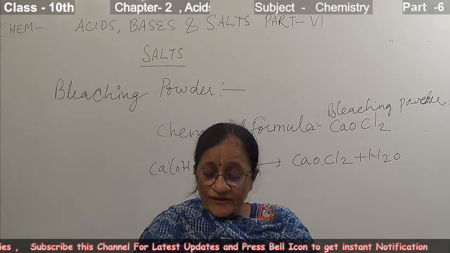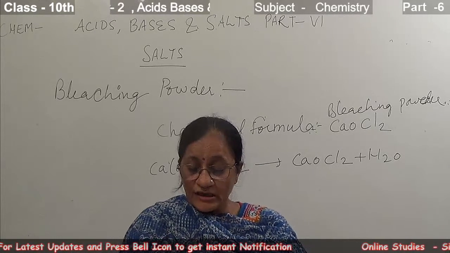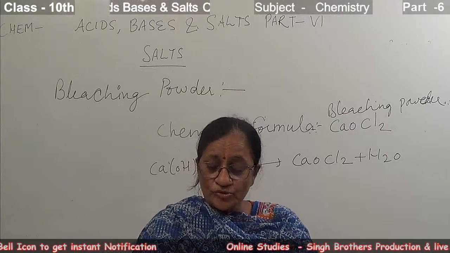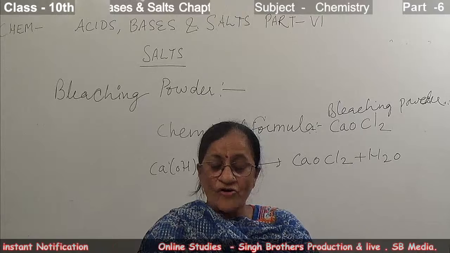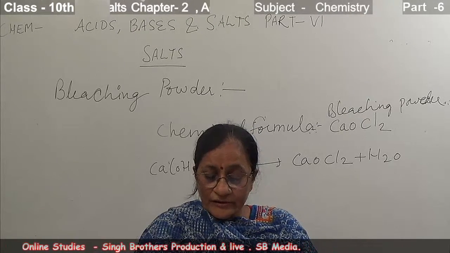It is observed that while bleaching powder is produced, the smell of chlorine can be felt. This smell is due to the slow reaction of it with carbon dioxide of the air.